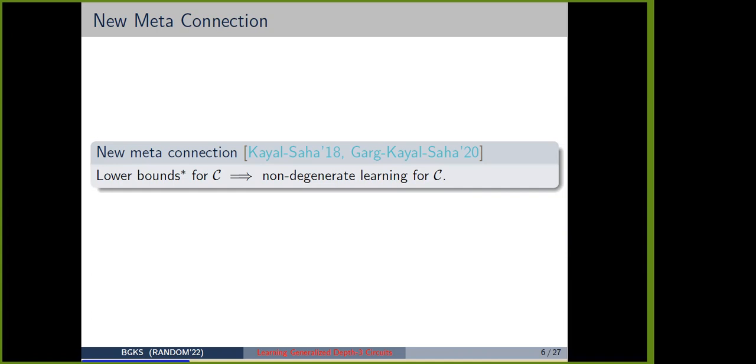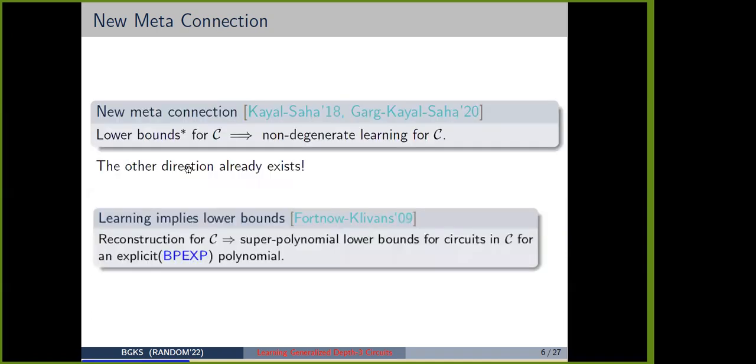What Kayal and Saha are saying is that if your lower bounds come via this, we can look at that vector space and try to learn from that lower bound technique. Note that the other direction already exists formally: if you have a reconstruction algorithm for C, that will give you a super polynomial lower bound for the circuit class C, with some level of explicitness, a BPEXP polynomial.